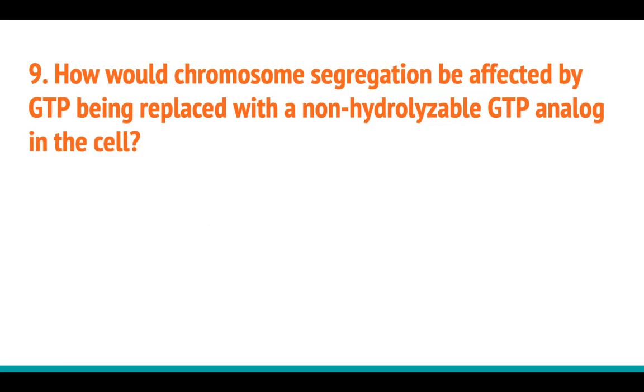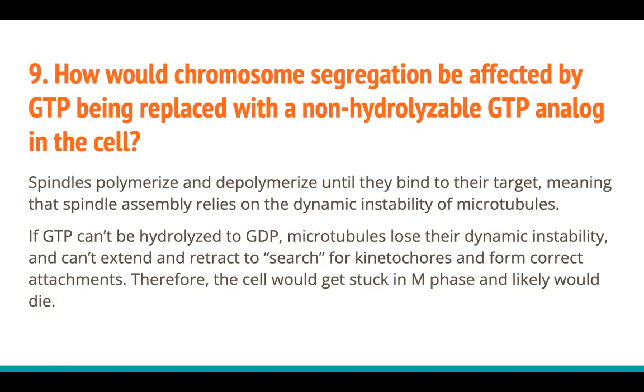So you need that dynamic instability for them to be able to find their attachment, and you would get stuck at least for longer than normal, if not permanently. You would have to see how it plays out experimentally, but you would get stuck for longer than you should in M phase, and it's possible that the cell would die, because your concentration of tubulin would be too low to keep making microtubules since your existing ones aren't depolymerizing. So yeah, that is exactly right.